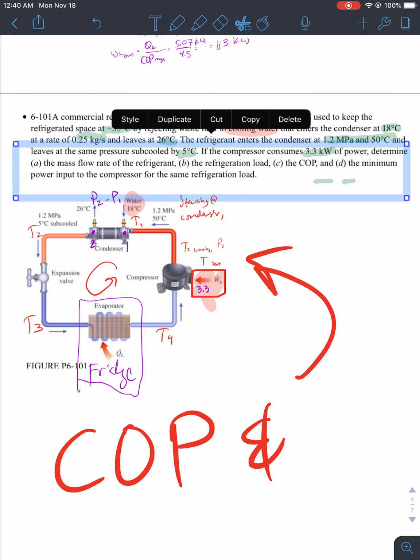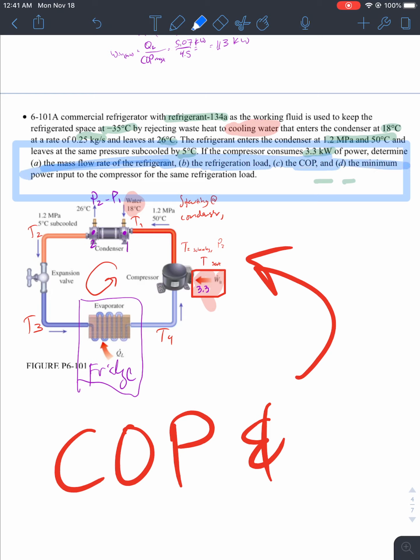You could see that we're looking for the mass flow rate of the refrigerant, and this stuff is in order. First that, then the refrigerant load, then the coefficient of performance, then the minimum power input to the compressor when the compressor uses 3.3 kilowatts of power.